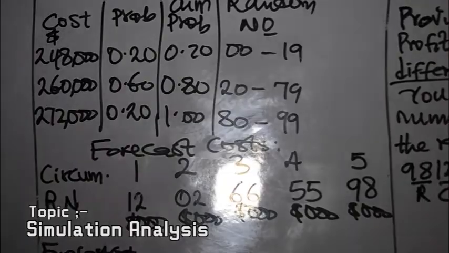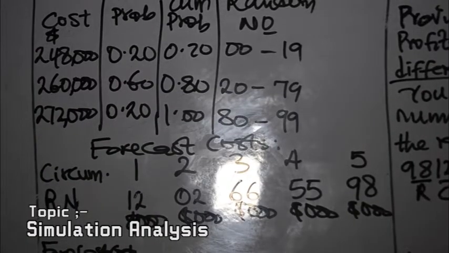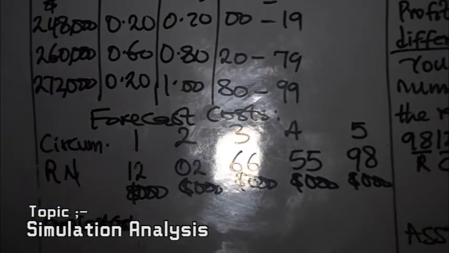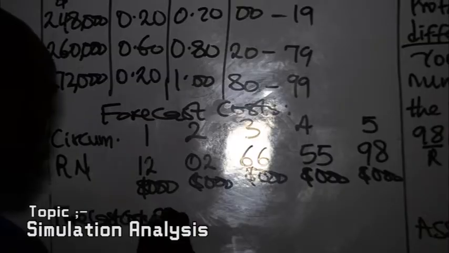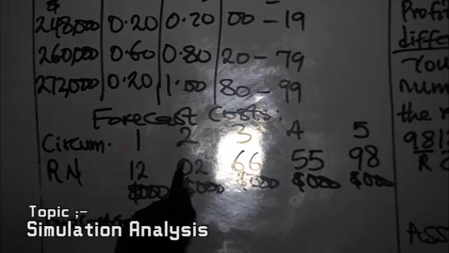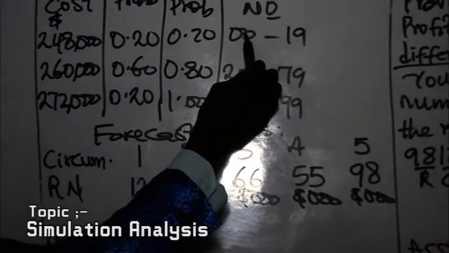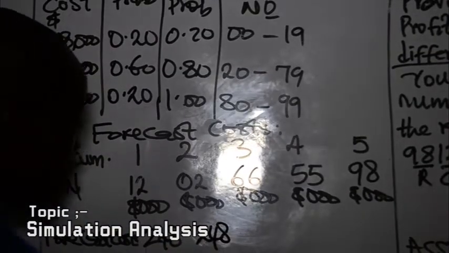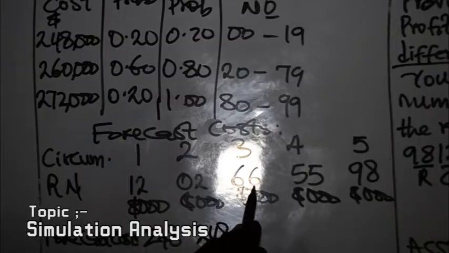So the forecast cost at that level will be 248,000. The next one is 02, which will as well be feasible between 00 and 19. Then you have 248,000.